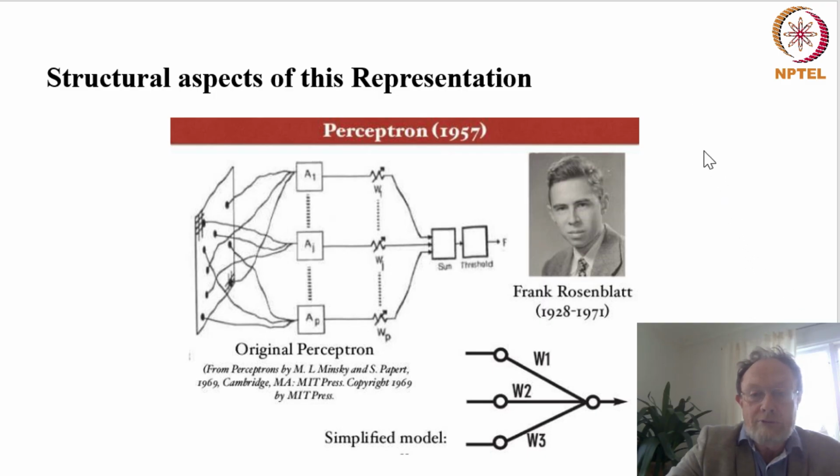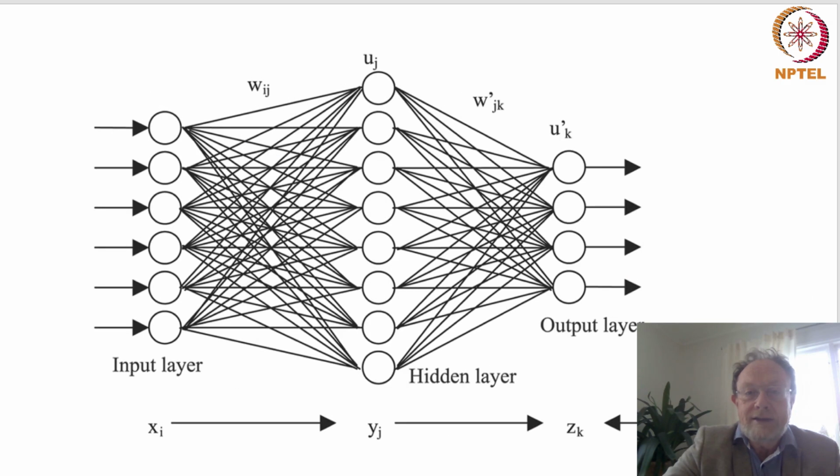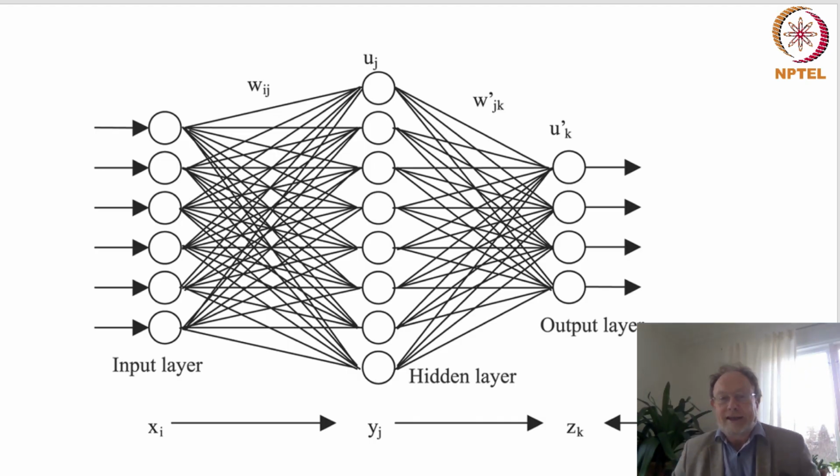As you may remember from the first week, this kind of simple structure was immediately successful but soon proved very impractical, which meant that there was a big gap from 1957 to almost 1985, when this area had a revival. In 1985 the work introduced what are called hidden layers.